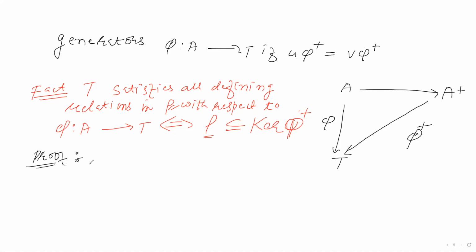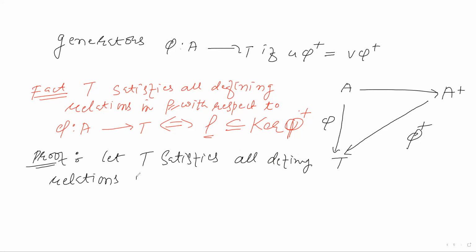So let T satisfy all the defining relations in rho with respect to phi from A to T. Okay.